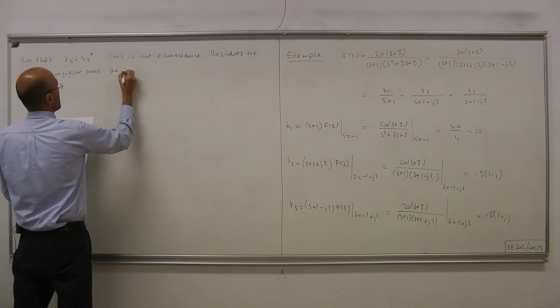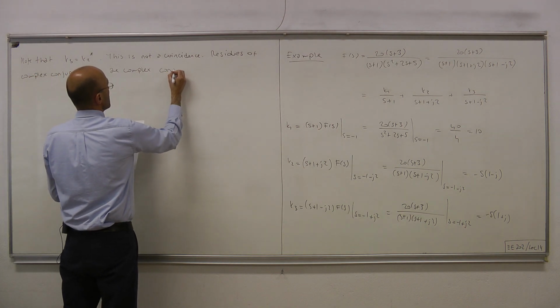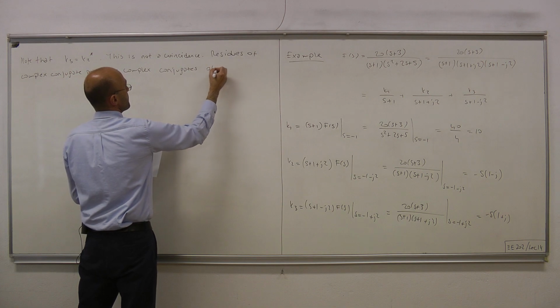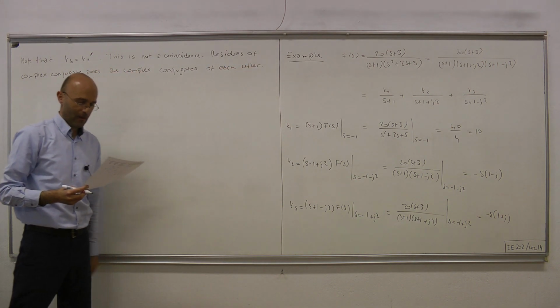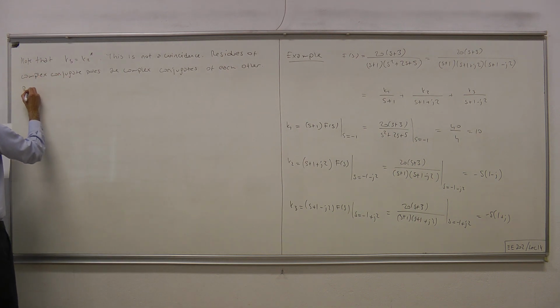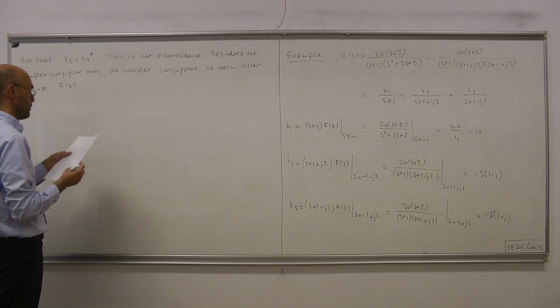Poles are complex conjugates of each other, and this is because F of s has only real coefficients.